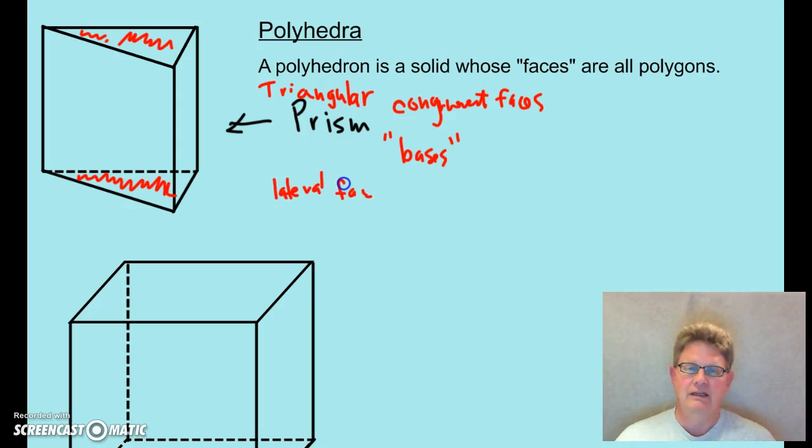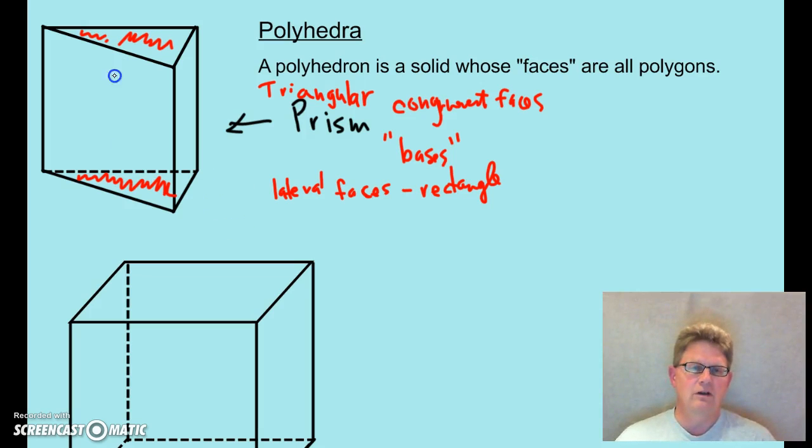Sorry, that's not correct. The lateral faces for all prisms that we're going to look at are rectangles. So every lateral face on this triangular prism is a rectangle. So you've got two triangle faces called bases, and then three lateral faces, and they're all rectangles.